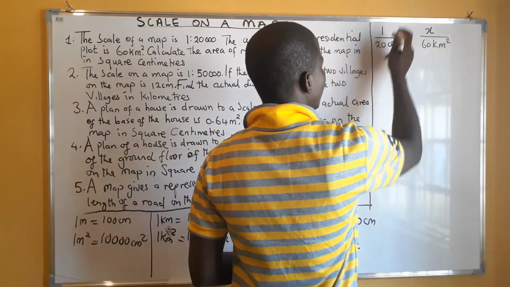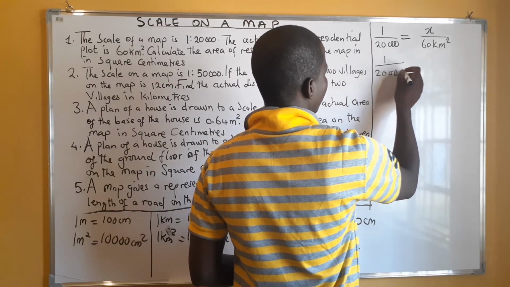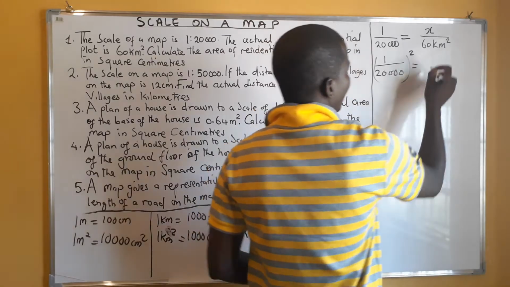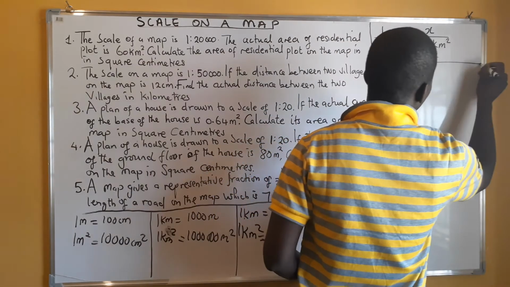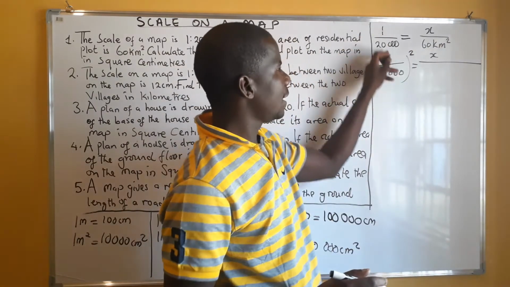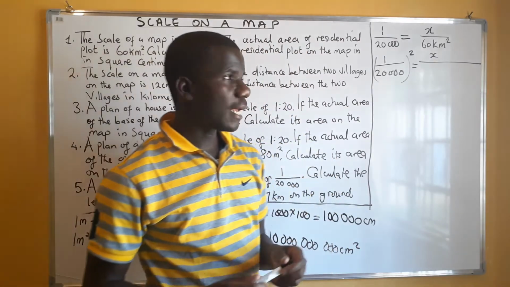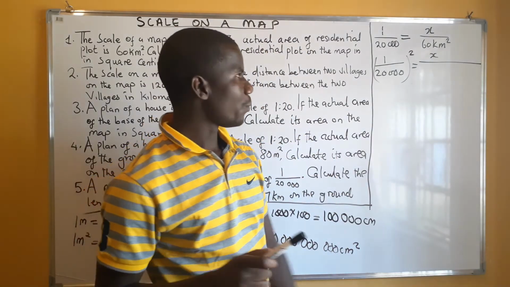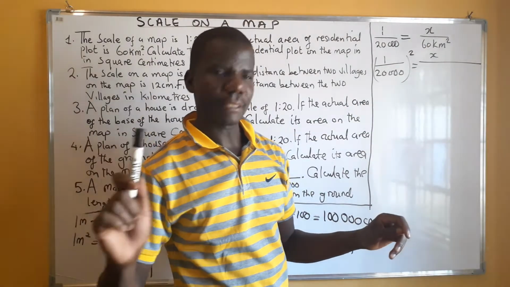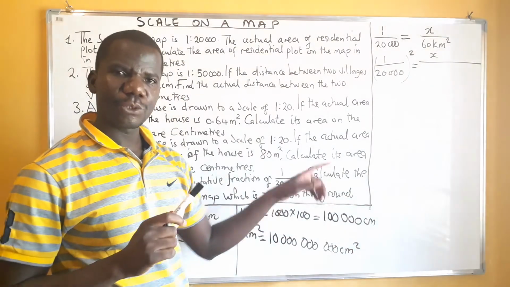When you square this whole thing, we're going to have 20,000 squared is equal to x. Because these are centimeters, I need to convert this one into centimeters squared. We said 1 kilometer squared is equal to 10 billion centimeters squared.